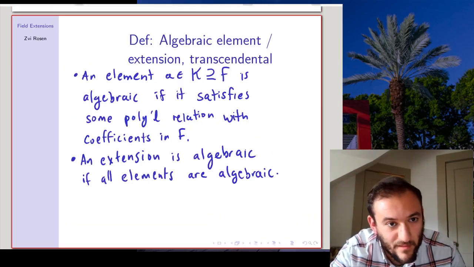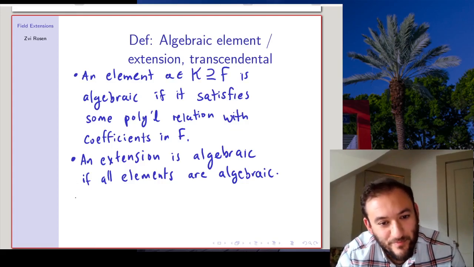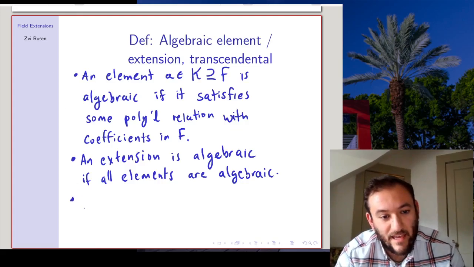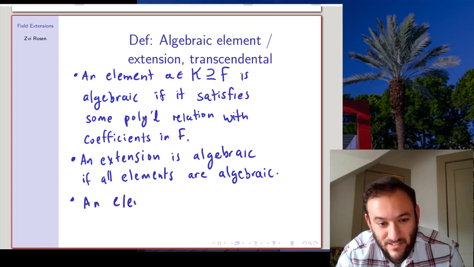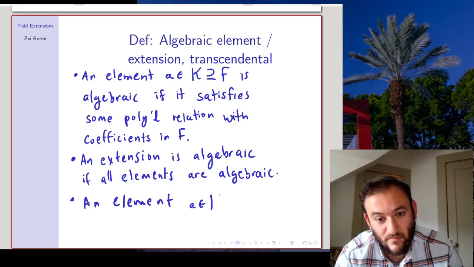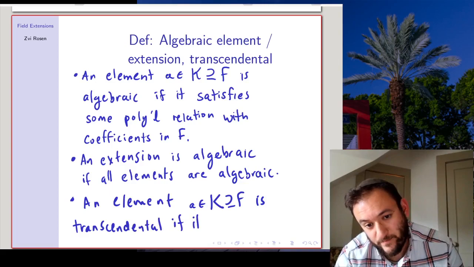Okay. Apologies for that interlude. And we say an element is transcendental if it is not algebraic.